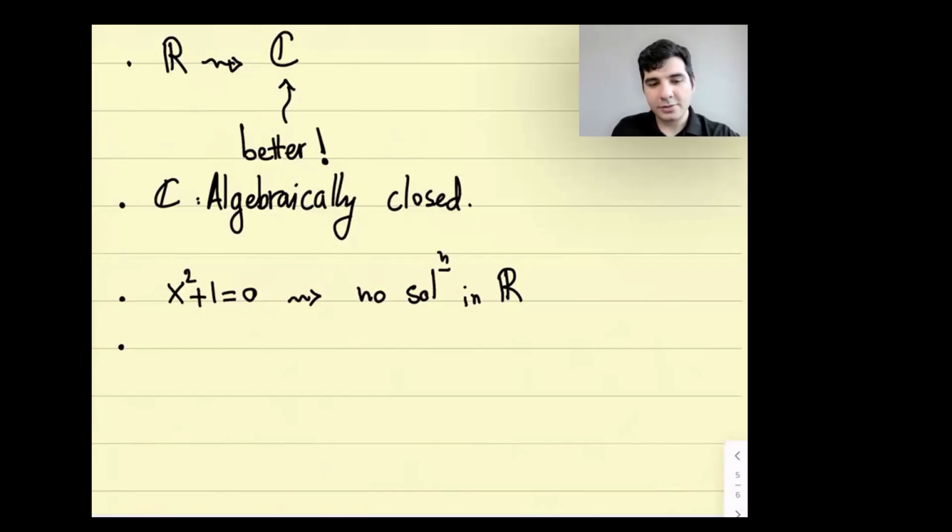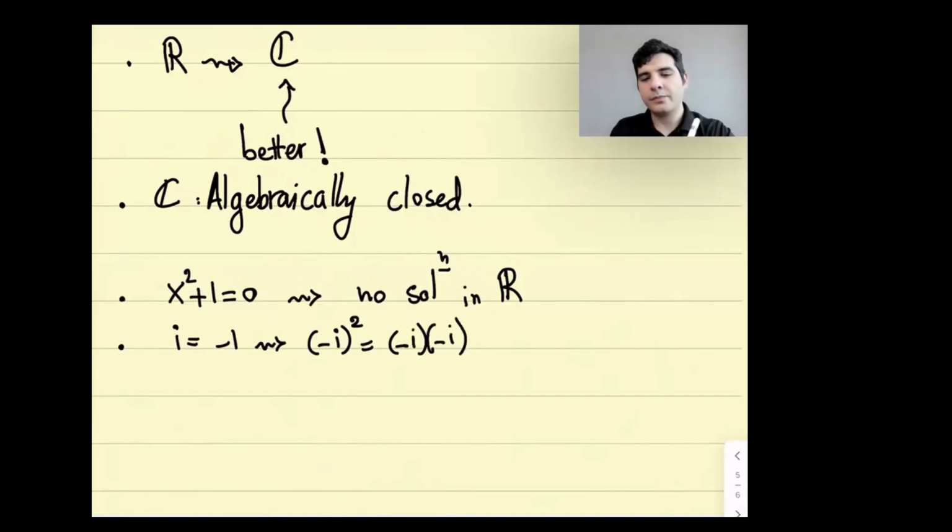If i squared is equal to minus 1, there is another number that if you square it, it would be equal to minus 1, and that's minus i. Minus i squared is equal to minus i times minus i, which is plus i squared, which is minus 1. So negative i squared is also equal to minus 1. So x squared plus 1 has two solutions in C.